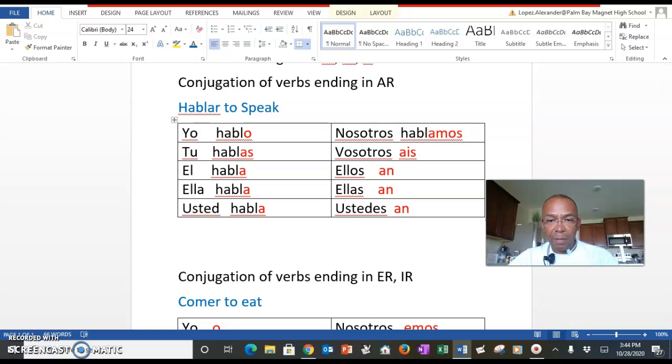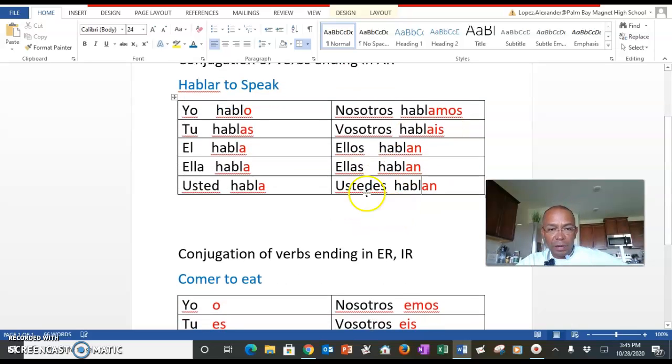Which will be hablamos, we speak. Habláis is for vosotros. For ellos, ustedes, the ending is AN. It will be hablan. So notice how I keep the stem. The stem is the beginning of the verb. Okay. Ustedes hablan. Alright. So these are the verbs, AR verbs.